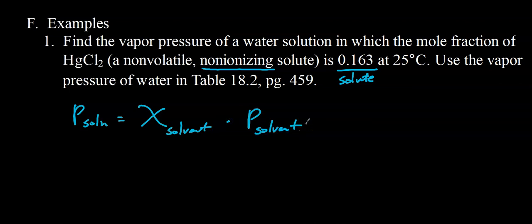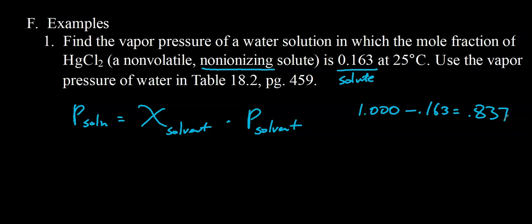All right, so if the mole fraction of the solute is 0.163, then what is the mole fraction of the solvent? So we're going to do 1.000 minus 0.163, and that'll give us the mole fraction of the solvent. Again, this is kind of like a percent.